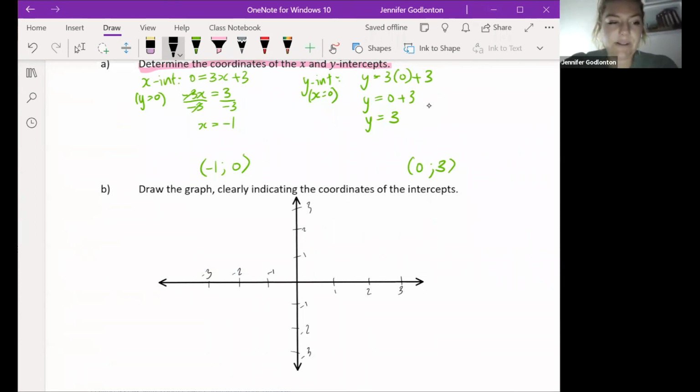Connect your dots, make sure that there's arrows involved, make sure you name your graph properly. Don't forget to label your graphs.